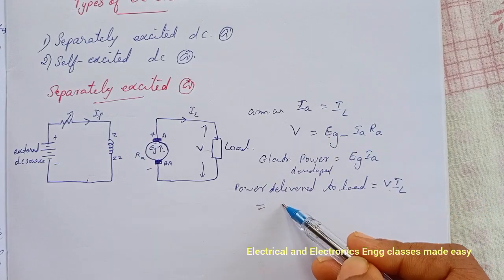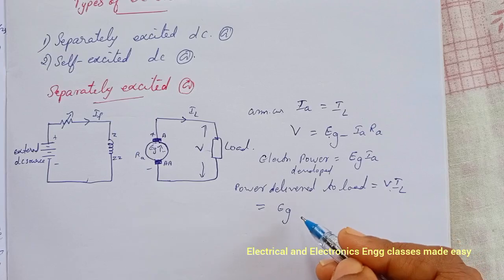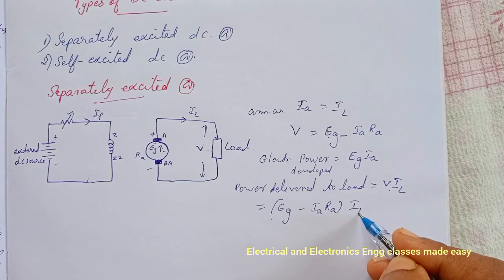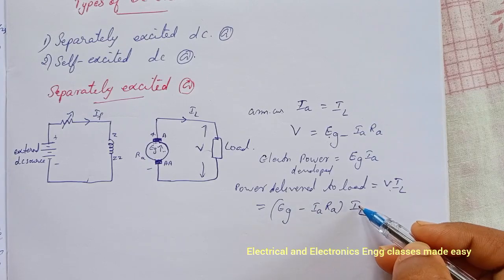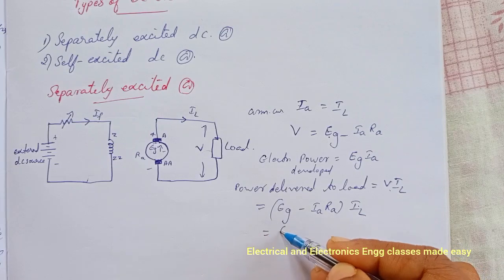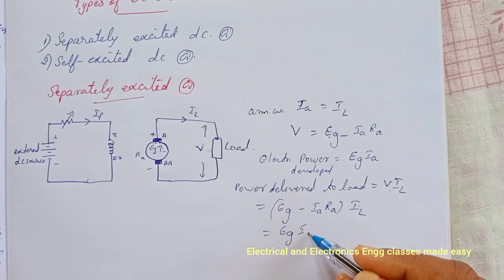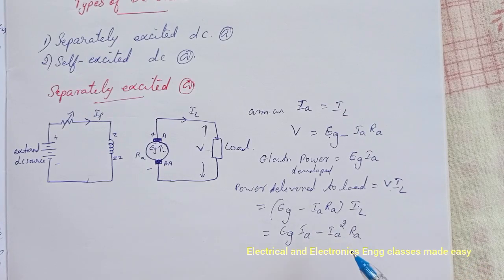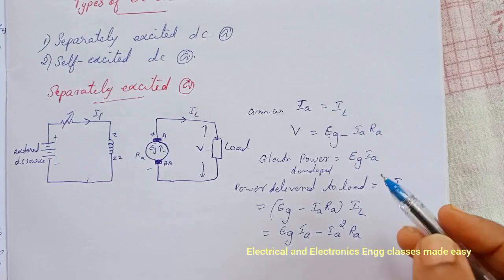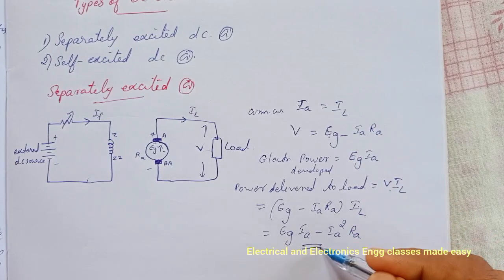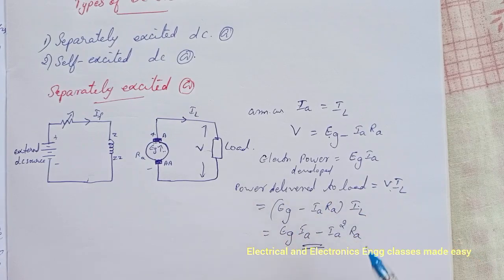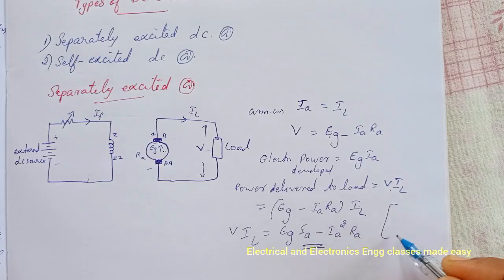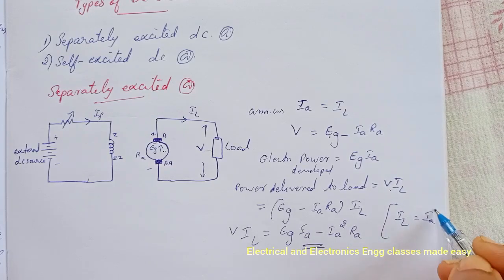So we can write EG minus IARA into IL, but IL is equal to IA. So we can write EG into IA minus IA square into RA. So this is the power delivered to the load, V into IL, where IL is equal to IA.